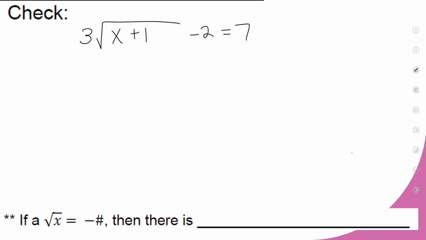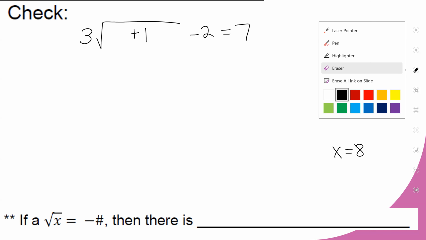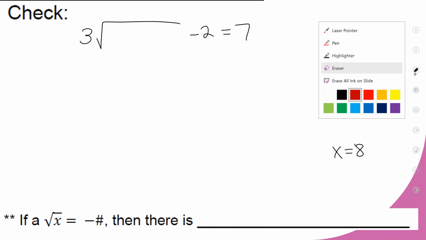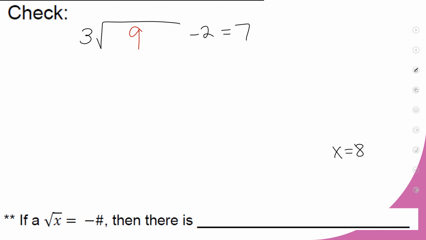We said that the answer was x equals 8. So let's plug that in to see if it actually works. I'm going to plug in an 8. Guys, what's 8 plus 1? 9. Okay, so I can replace this with a 9. And what is the square root of 9? 3. The square root of 9 is 3. So let's just get rid of all of that and put 3.